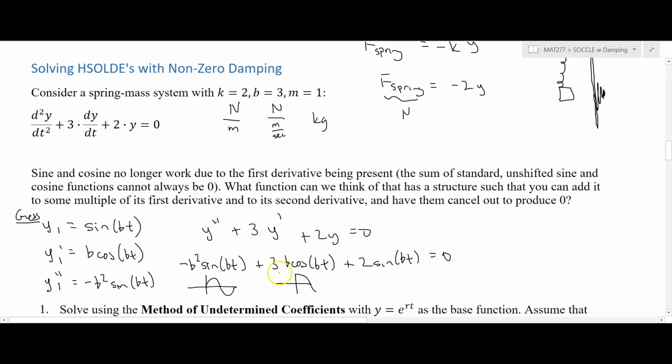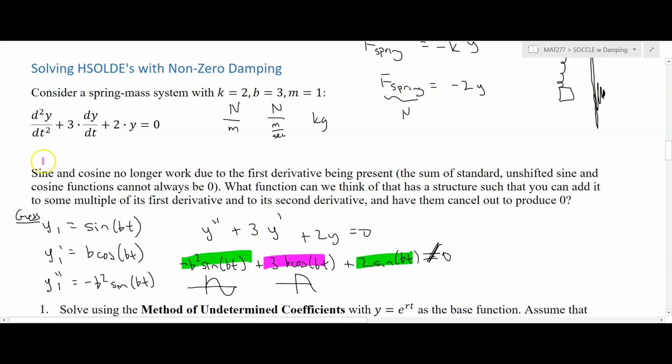So these are not in the same phase, and therefore they're not always going to be able to sum to 0. These will not equal 0 because we have 2 sines and 1 cosine in here, and those are not like terms, so they will not combine.